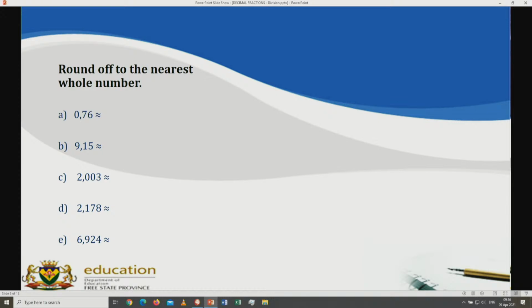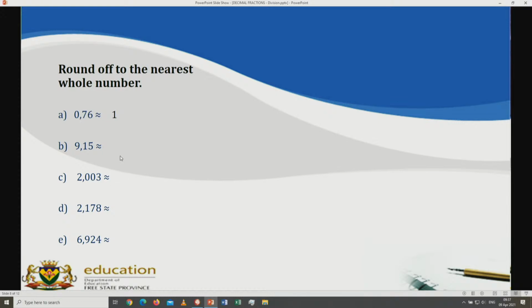Okay. Our answer will be 1. 0.76 rounded off to the nearest whole number is 1. We are only looking at this 7/10. So it tells us that we must round up or we must round down.